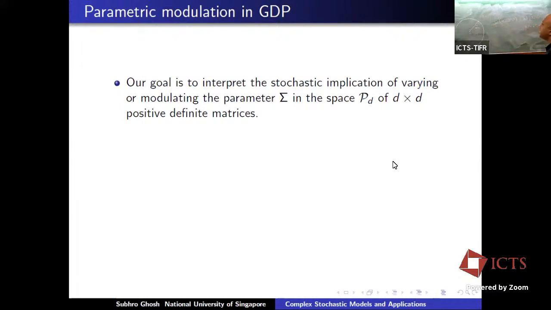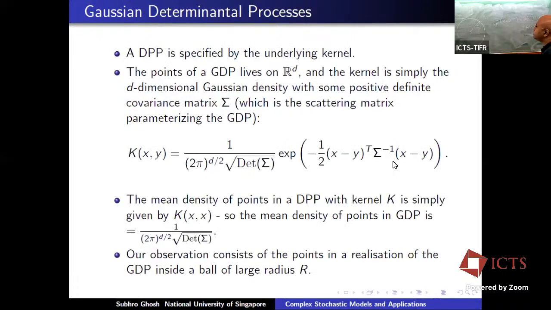And our goal is to interpret what happens when we vary this parameter sigma in the space of positive definite matrices, and in particular, what is its impact on the behavior or the distribution of the points in the physical space.